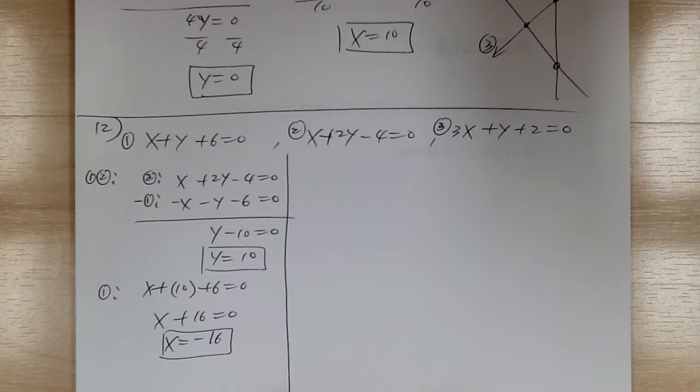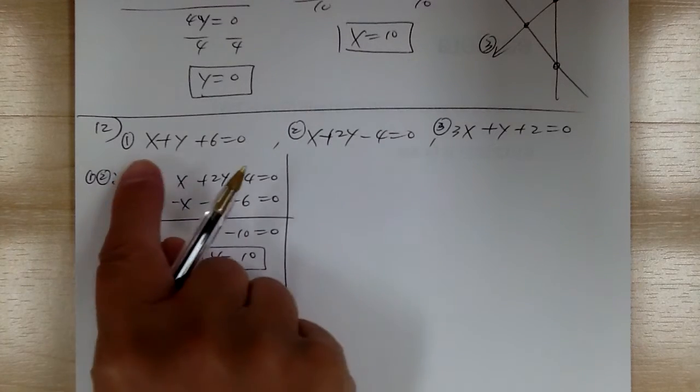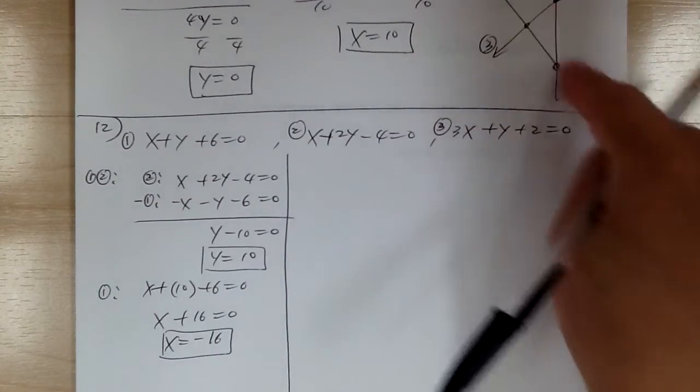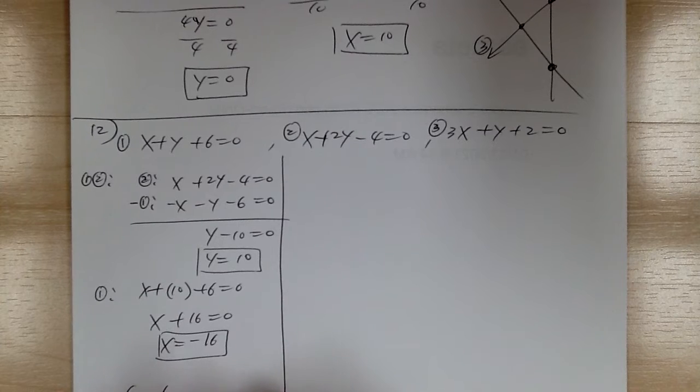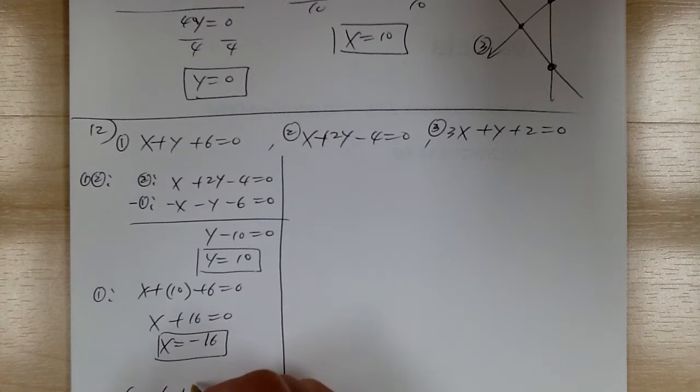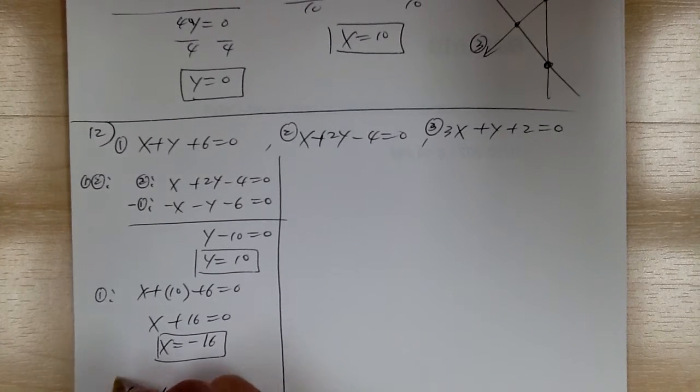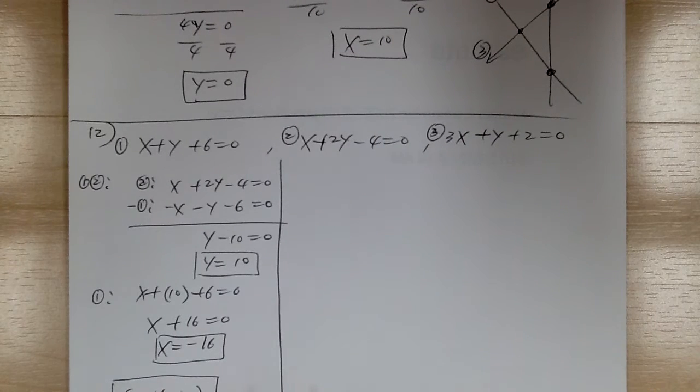So from equation 1 and 2, this point over here, I get negative 16, 10. So that's one of the vertices. I'm going to do the same thing.